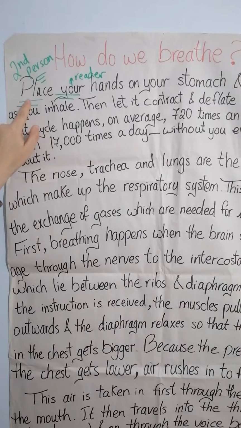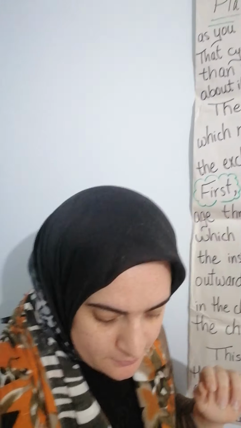This system allows the exchange of gases which are needed for us to live. And then here we use the word first. And first here is a sequential connective. What's a sequential connective? Now look at the words.